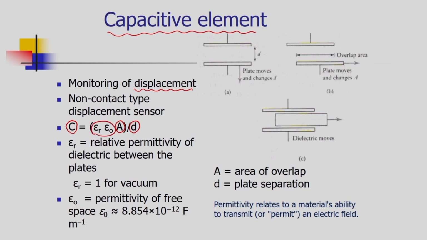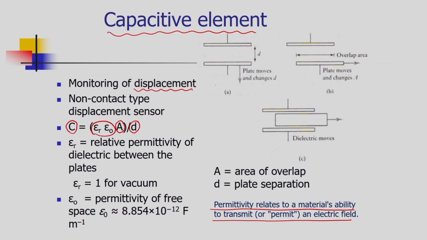The constants of proportionality are called the relative permittivity of the dielectric between the plates and the permittivity of free space. What is the meaning of permittivity? Permittivity basically relates to the material's ability to transmit an electrical field. We have two charged plates and there is a medium in between them.